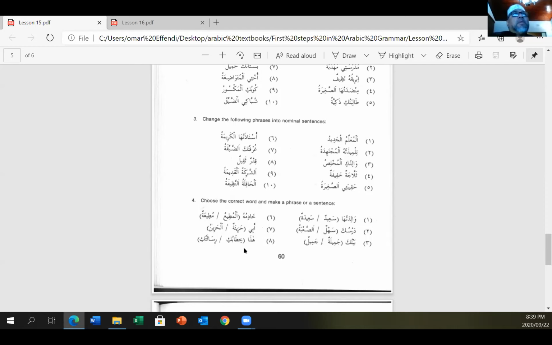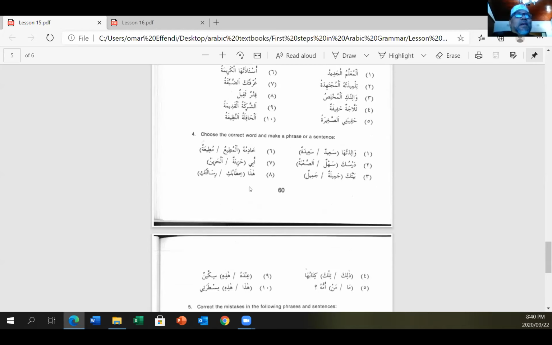Hada kitabuki or risalatuki? Hada refers to this letter. Hada is masculine, remember. So which of these two words is masculine here?